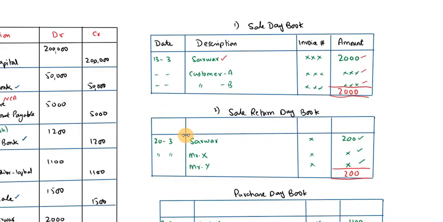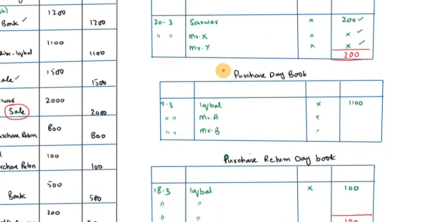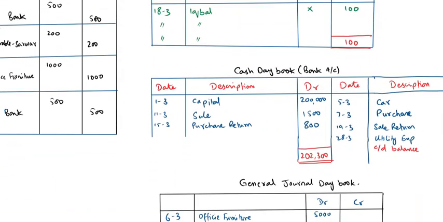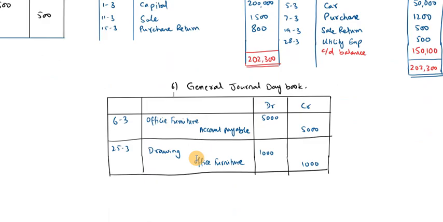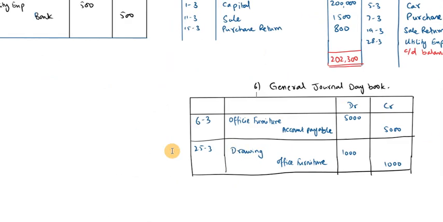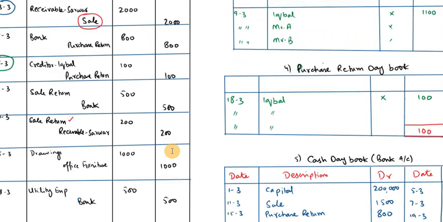You remember this, in the sale day book and sale return, we will record the individual transactions, then total them. Okay. And the third one we make is the purchase day book. The fourth one we make is the purchase return day book, and the fifth one we make is the cash day book, and the last one we make is the journal day book. So these were the total 6 books of prime entry that we have to make by using the accounting transactions.